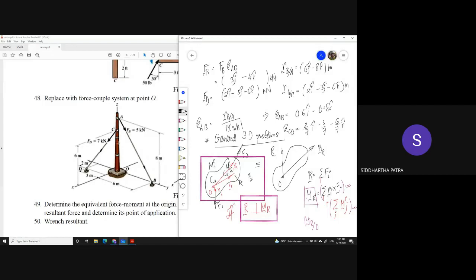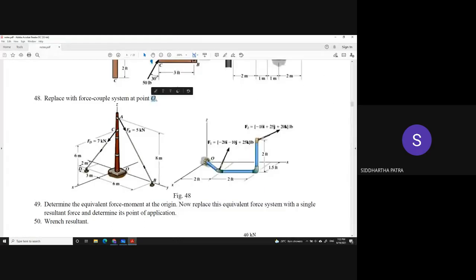Or for FD, you can take the position vector of C with respect to O, or the position vector of D with respect to O, in case you are trying to get the equivalent force system about O. That is actually the problem statement: try to get the equivalent force system about O.